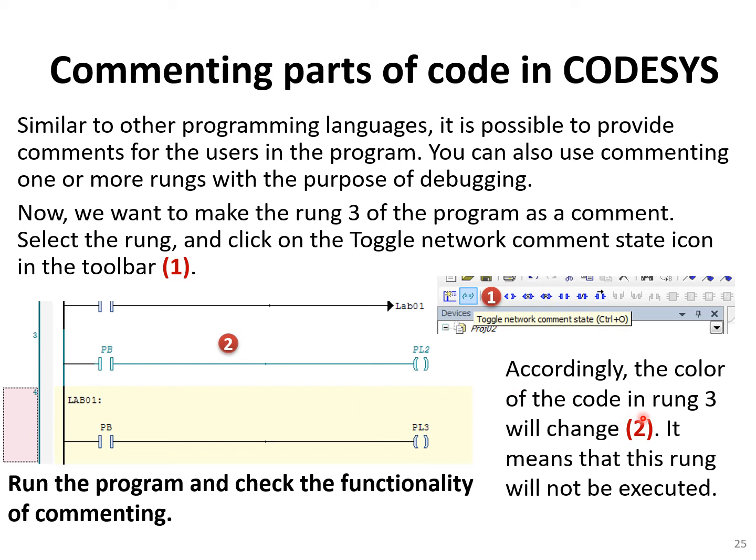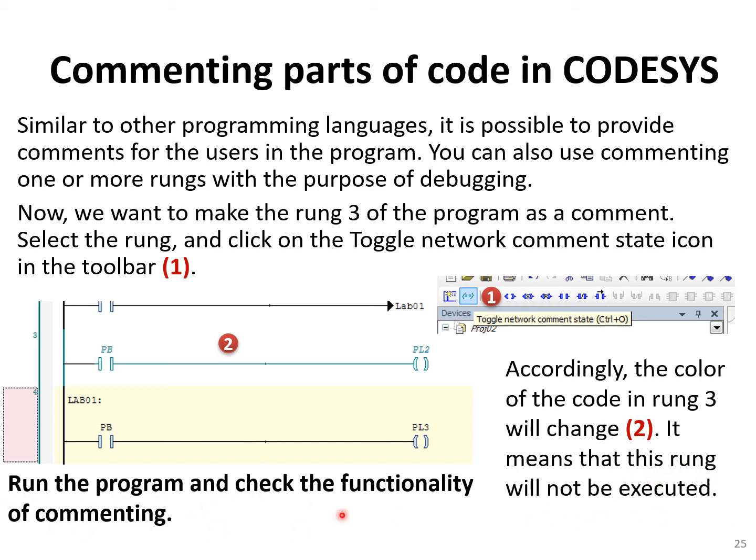Accordingly, the color of the code in rung 3 will change. Okay, so you will see a different color and you will understand that, okay, so this part is commented, is not going to be executed, and it's a very good technique for debugging. It means that this rung will not be executed.